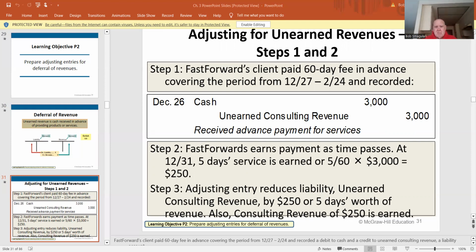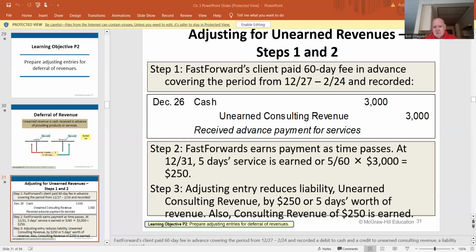So let's take a look at the steps. Fast forward: client paid 60 days in advance, covering 2 months, it looks like. And when the lawyer got the money, cash, $3,000, we debit, and we credit unearned revenue. Here they're calling it unearned consulting revenue, but the key 2 words you need to know are unearned revenue.